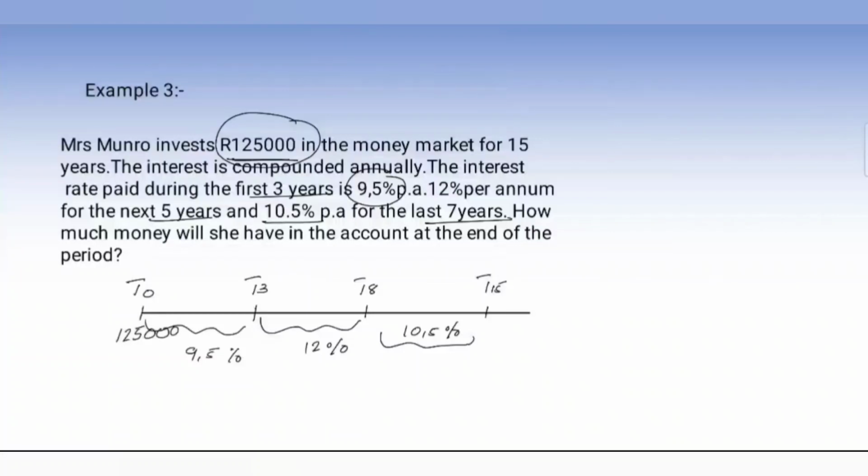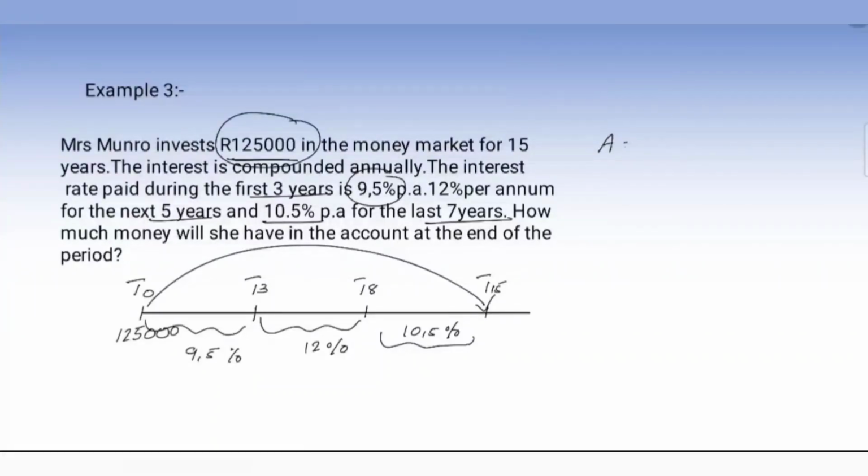Okay, just imagine interest rate is same. Then how do you do this question? 125,000 is there for 15 years, isn't it? Is it clear? So how do you write the formula if you see that interest rate is not changing?